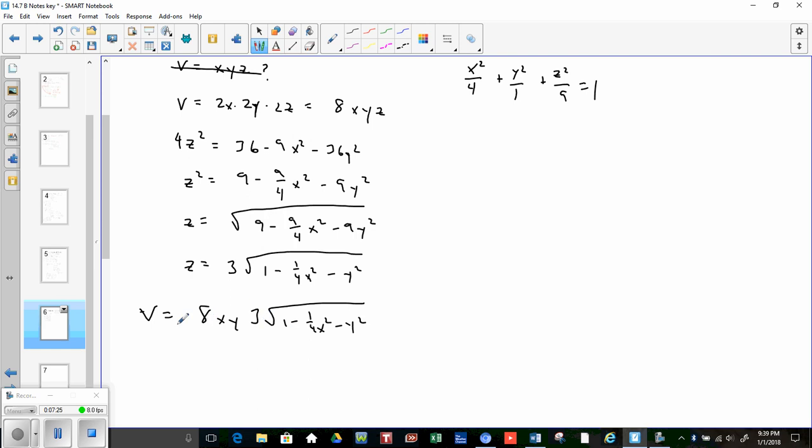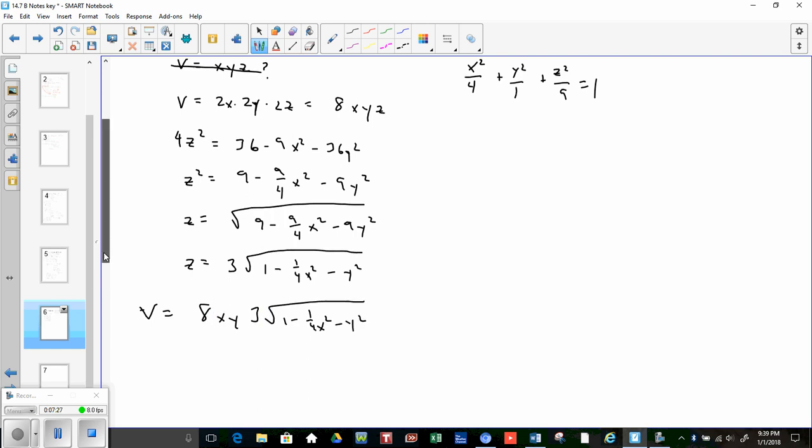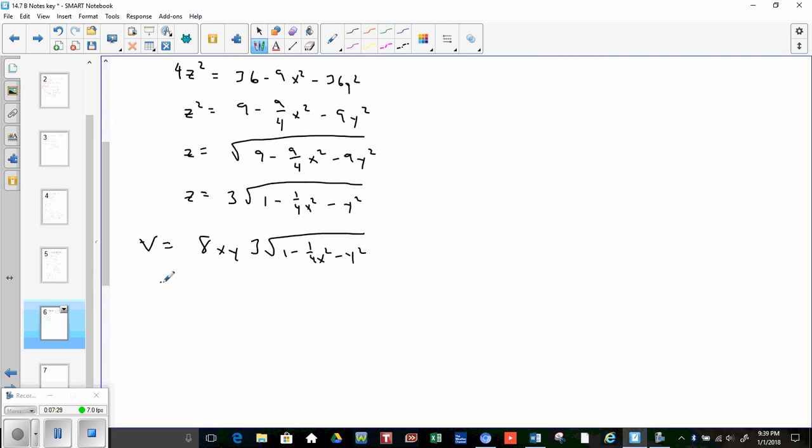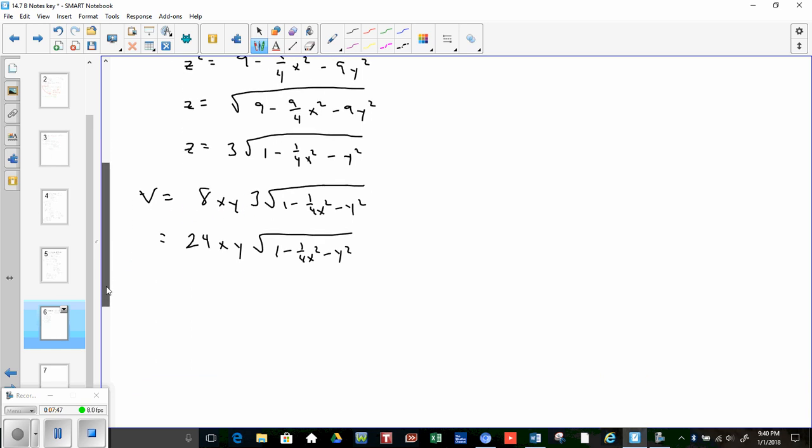Of course, the 3 times the 8 can become 24: 24xy square root 1 minus 1/4 x squared minus y squared. So we've gone ahead and figured out what we needed to maximize or minimize. We reduced it down to 2 variables. Now we can start taking partials.